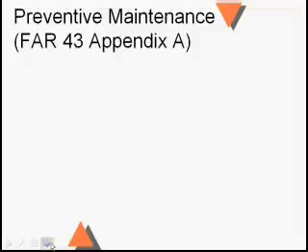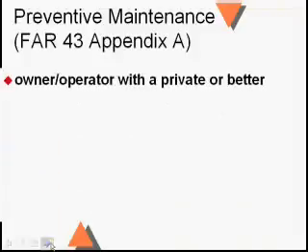It has a paragraph listing privileges and limitations for pilots if you have a private pilot certificate or higher and you are the owner or operator, and the FAA considers the rental pilot to be the operator, and you're not operating for 121 or 135, and the preventative maintenance you want to do is on that list in FAR 43, then you can do it.